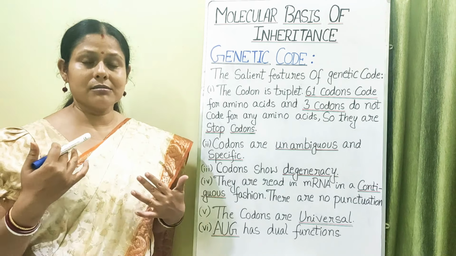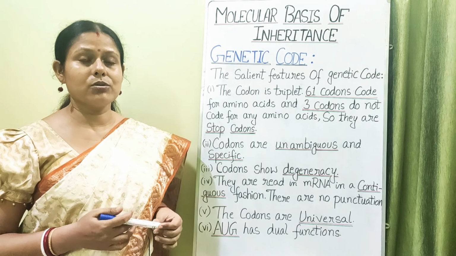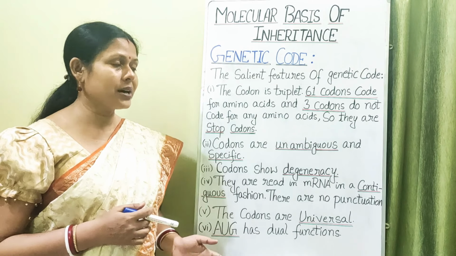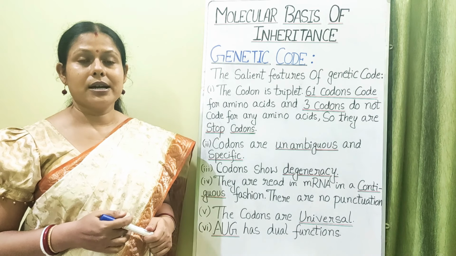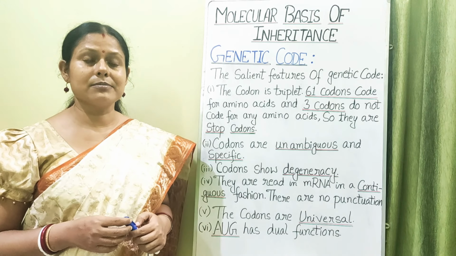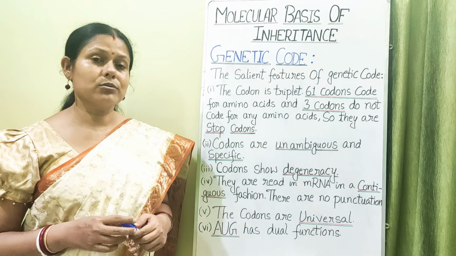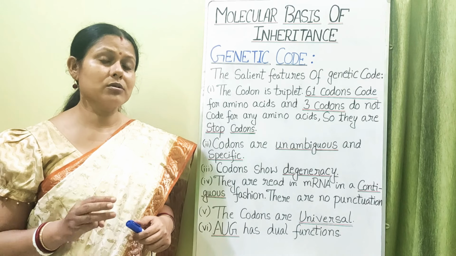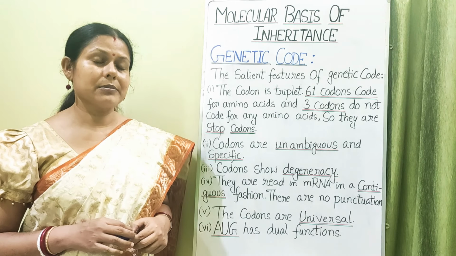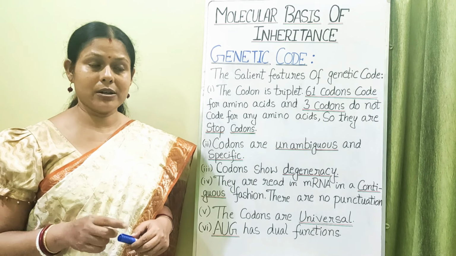Discovery never stops. So later on, when people again wanted to verify these points proposed regarding the genetic code, they found that in some lower unicellular organisms, some of the stop codons, not all of them, are also capable of synthesizing certain amino acids, but it is not for everyone.